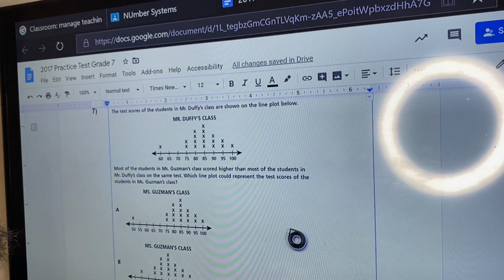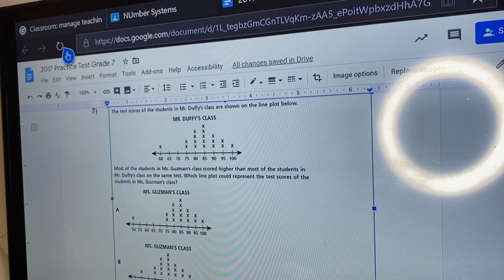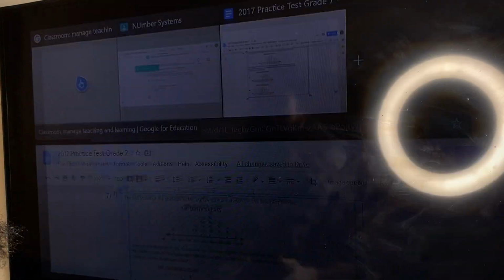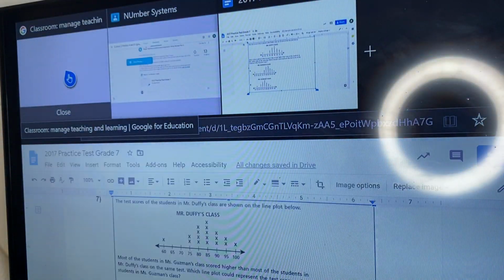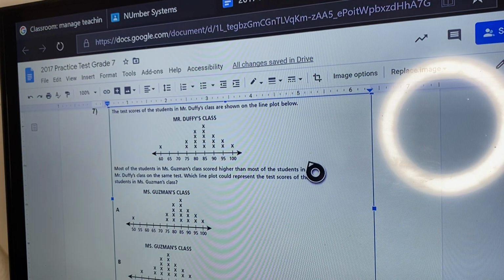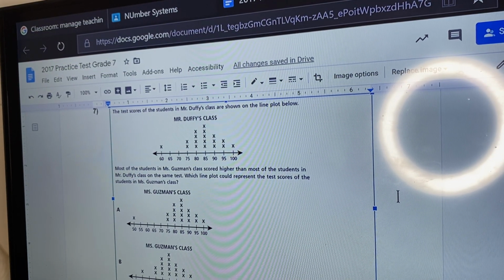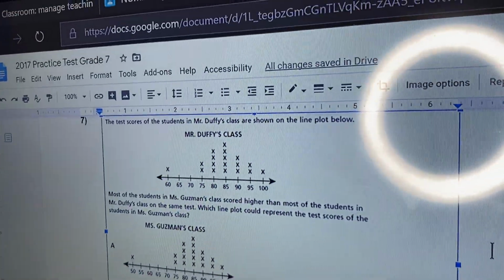So here it says, oh my goodness. There we go. This is a statistics and probability question, so I'll bring this up here.